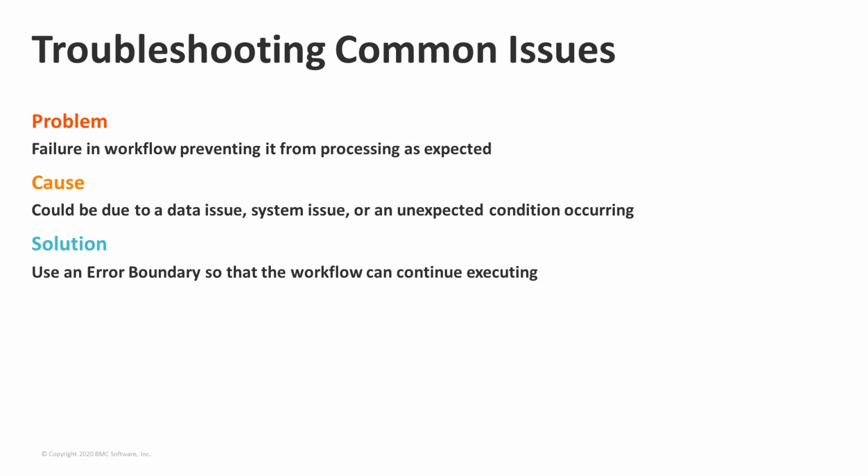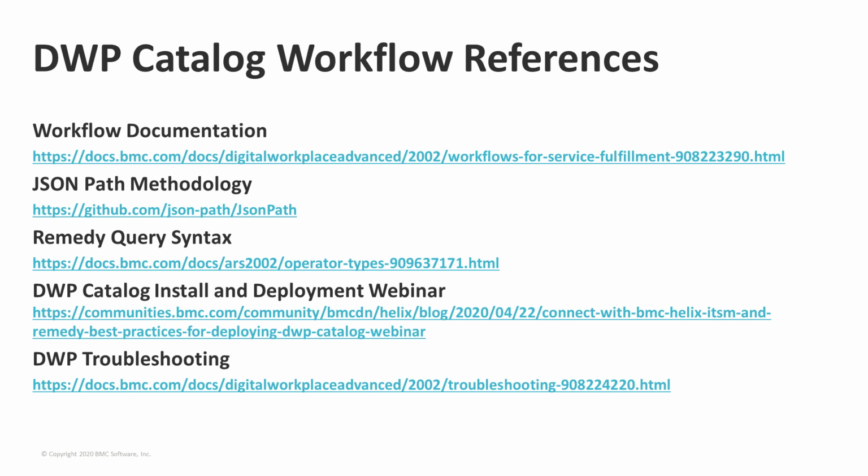Okay, so that was our last troubleshooting scenario. Here are some references that are available that can be helpful when working with workflow for DWP Catalog. Obviously, there's a link to the workflow documentation. The JSON path methodology, which I mentioned in the JSON parser example.